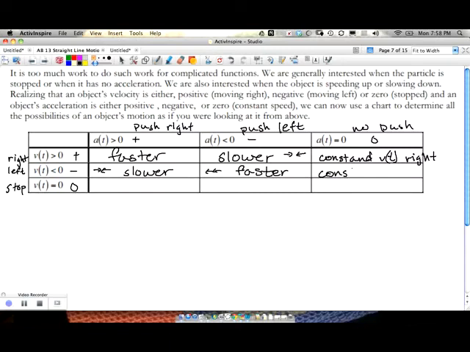Now when you're stopped, again, it's kind of that in-between thing. It's like you're not speeding up, you're not slowing down, you're actually stopped, which is what happens in between those two things. So we're just stopped. Again here, we're just stopped. We're about to go to the right when we're being pushed right.